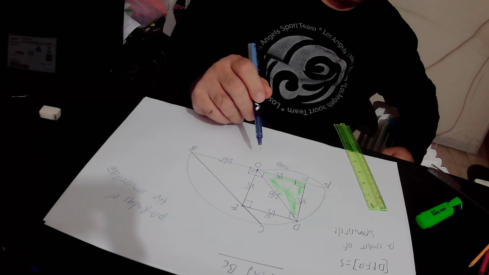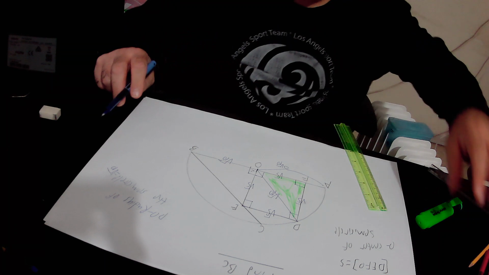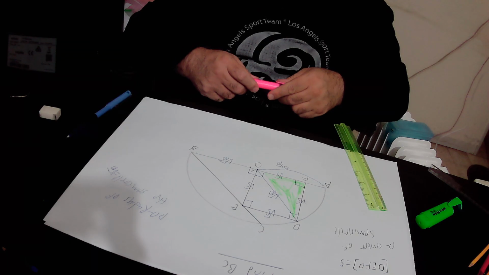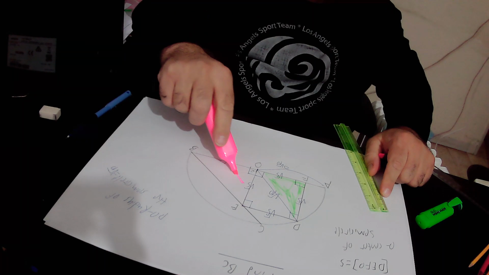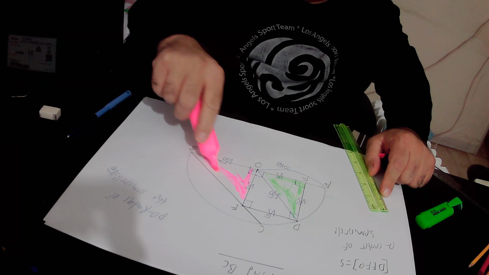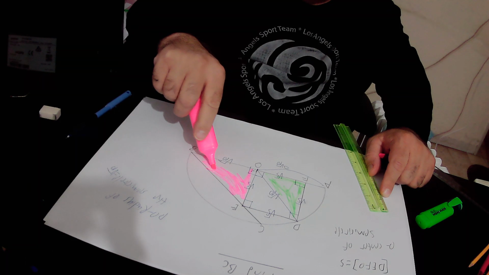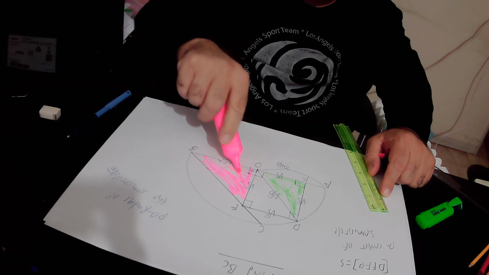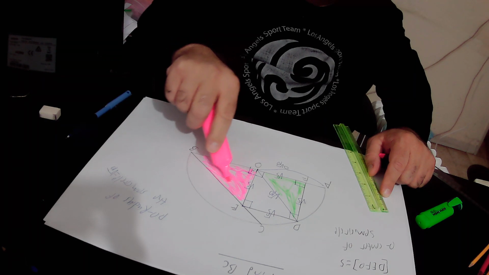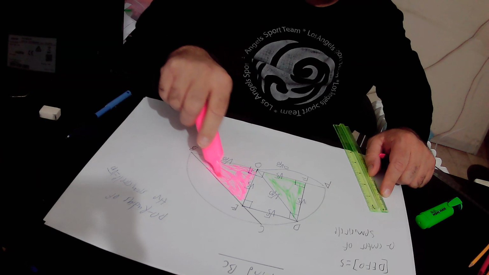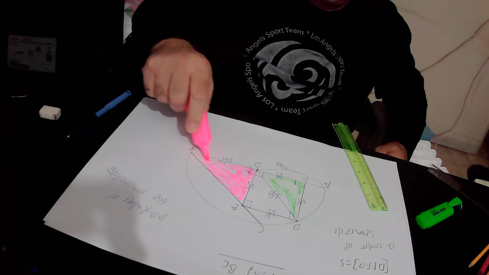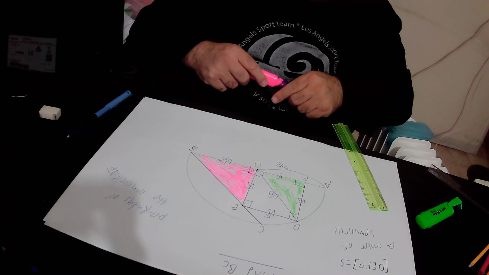So actually here we have the pink right triangle EBO. We can actually implement the Pythagoras theorem on the pink right triangle EBO.